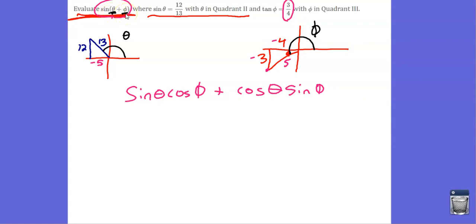Okay, so the sine of theta right here, opposite over hypotenuse, would be 12/13. Then cosine of this one, so come over here and do cosine, so that would be -4/5. Cosine of theta, adjacent over hypotenuse, would be -5/13.